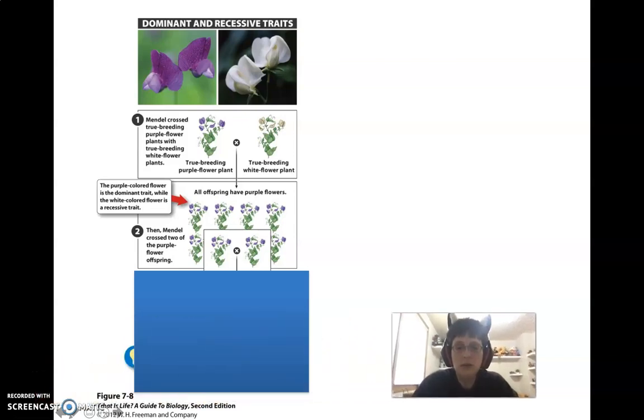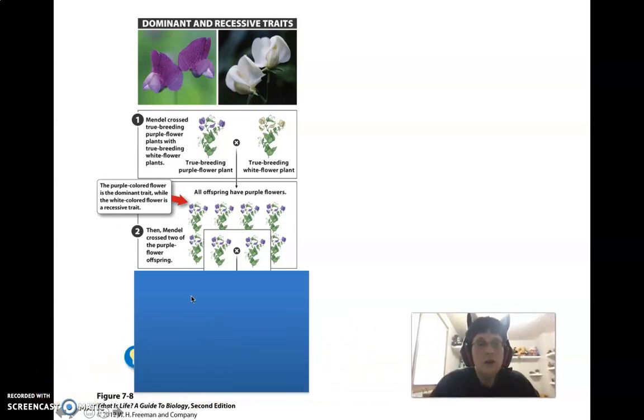So let me move me over here. So then what he did, he's like, well, okay, they're all purple, but I know that this white flower is in here somewhere because we started with a white flower. So he took 2 of these offspring plants and he bred them together to see what would happen.